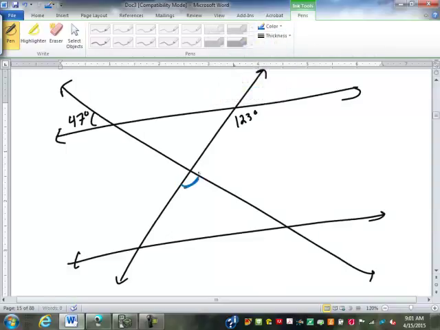Find this angle right here for me. Well, this angle here I know really quickly is what?